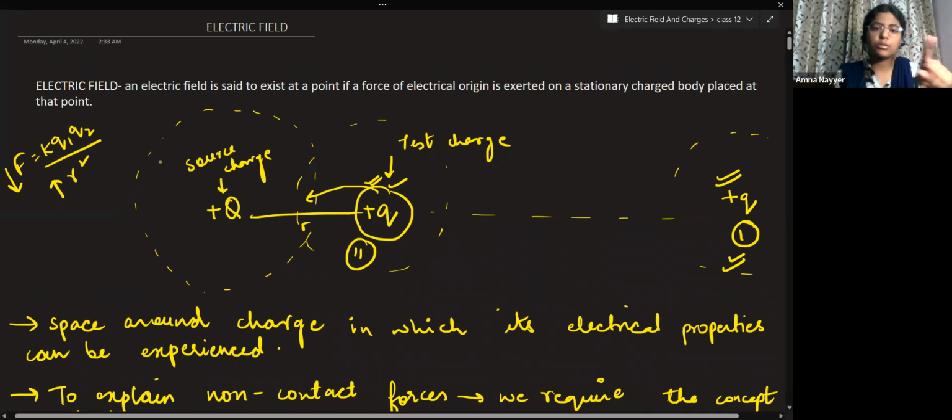Now see, the source charge is generating a certain electrical field in its environment. Because of this electrical environment, this small q charge is getting forces of repulsion or attraction based on the sign. So these forces experienced by the test charge because of the source charge, that is known as electric field intensity.